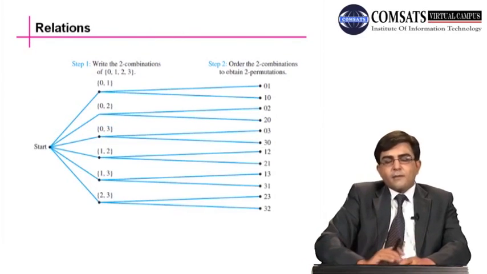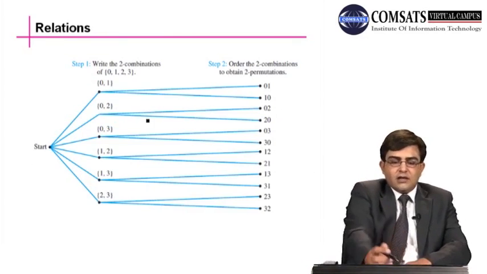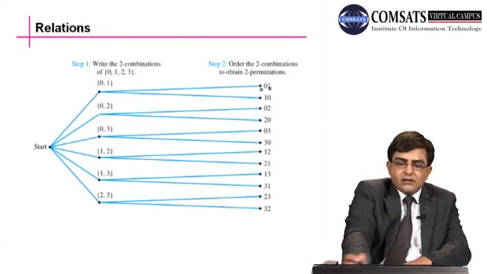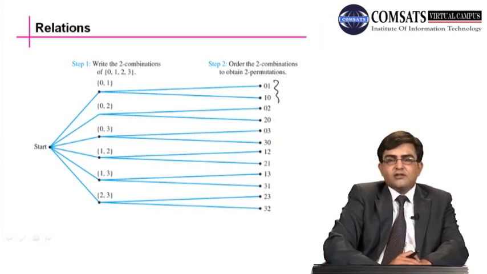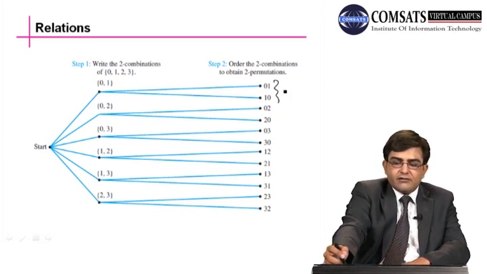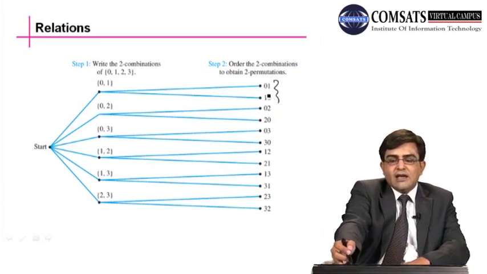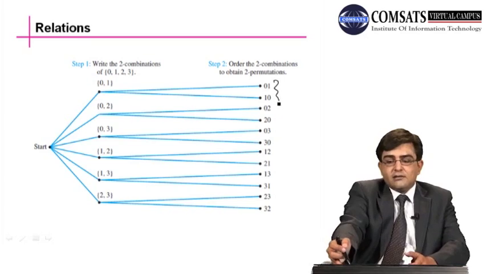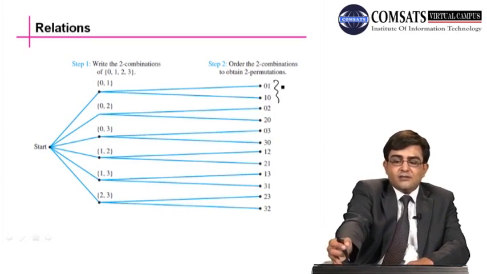Now we write them with respect to the order. We write them as 0 1, and we write them as 1 0. Now here the order is important, because both these subsets will be included in the 2 permutations: here we have 0 1, here we have 1 0. The order of elements has been changed, so this is important.